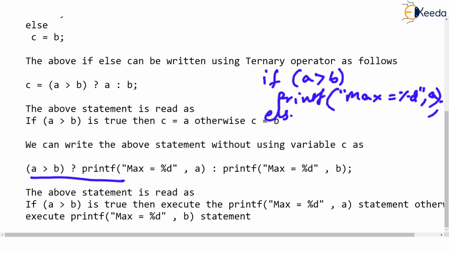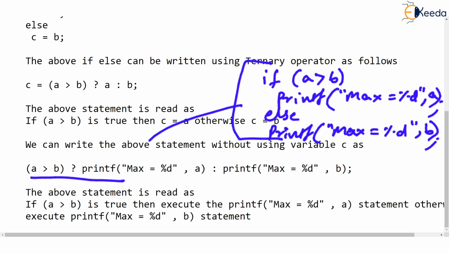Else printf max is equal to %d, B is largest. This if else and this code written using the question mark are exactly the same. That's how you write the ternary operator in C language.